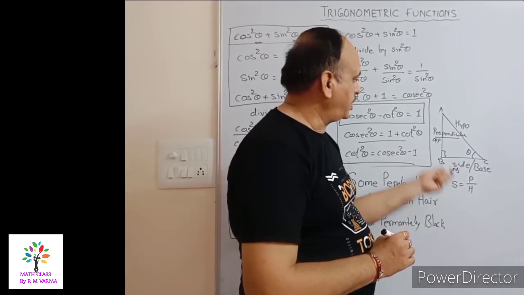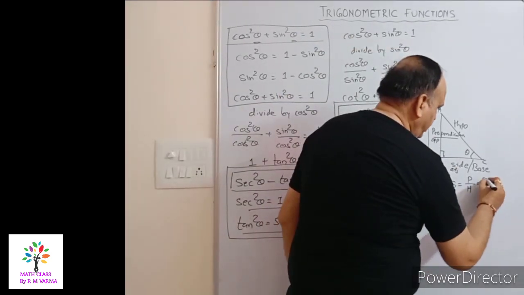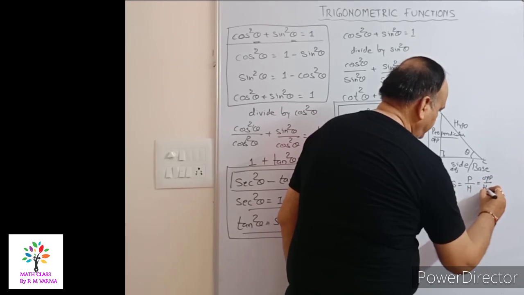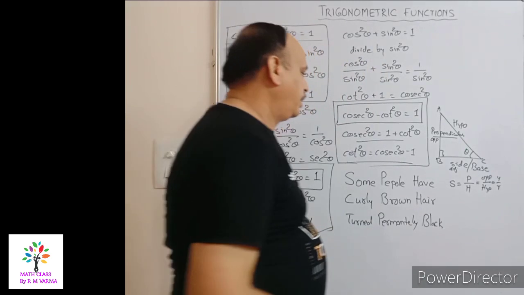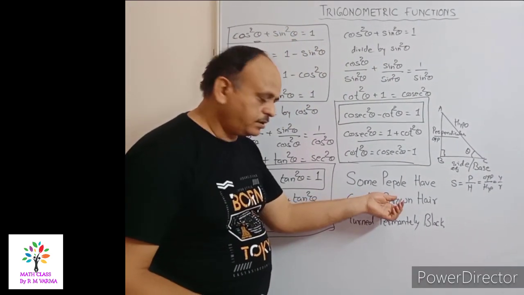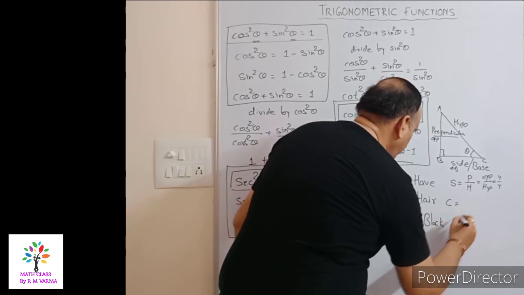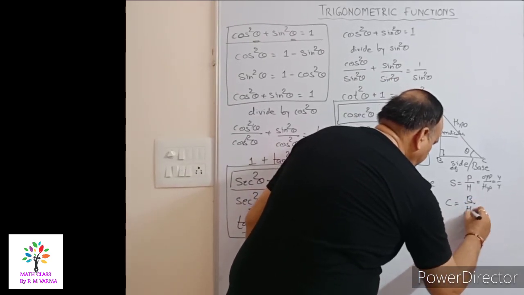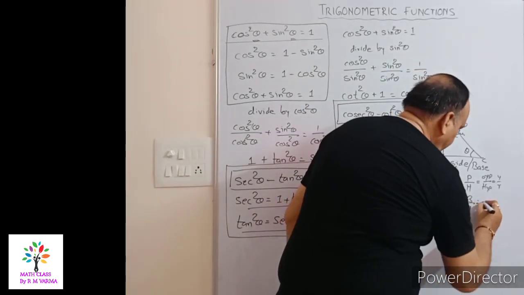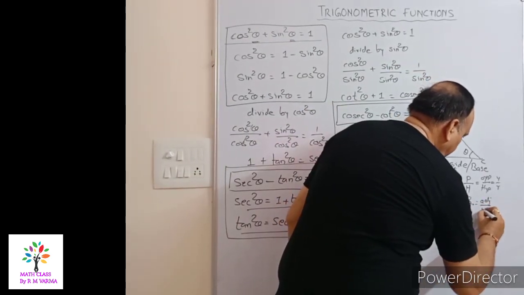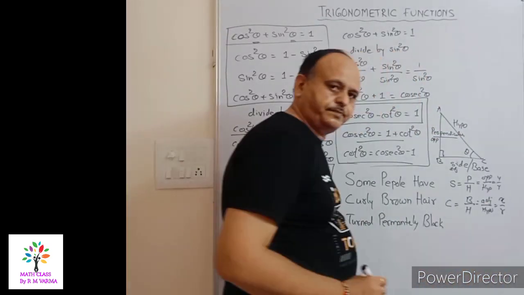Perpendicular upon hypotenuse, or opposite upon hypotenuse, or Y by R. Then curly brown hair. This is cos. C equals to B upon H. B means base. Base means side, adjacent. Can be called as adjacent upon hypotenuse. That is X upon R.